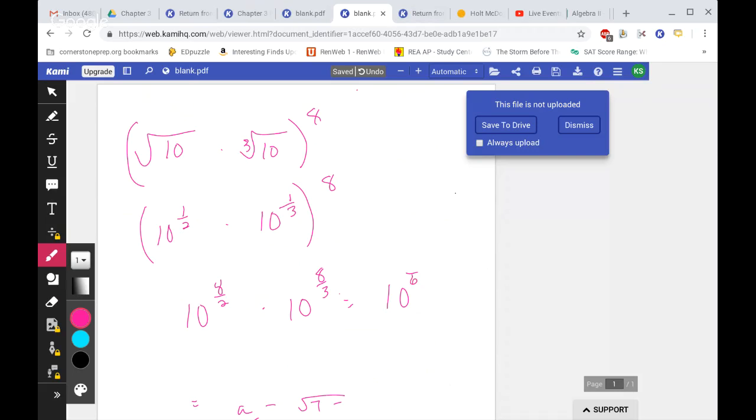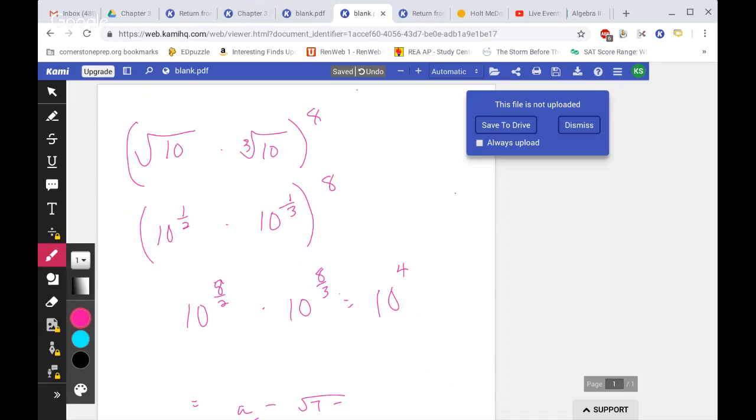Oh, I didn't even think. Well, you get 10 to, yeah. This one actually reduces to 10 to the 4th, because 8 times 1/2 is 8 halves, which is the same thing as 10 to the 4th.